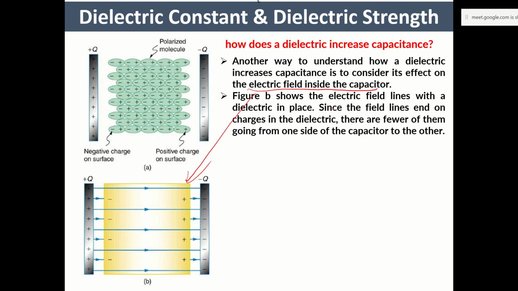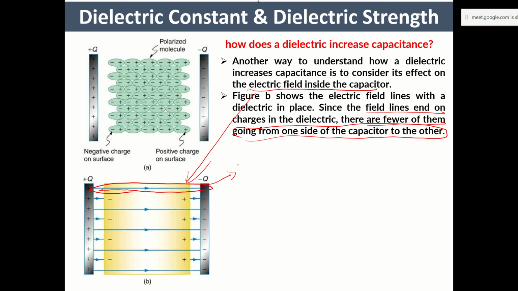Now what you find is that once you have put molecules like water, which is polar, field lines end on them, and there are fewer lines going from one side of the capacitor to the other.